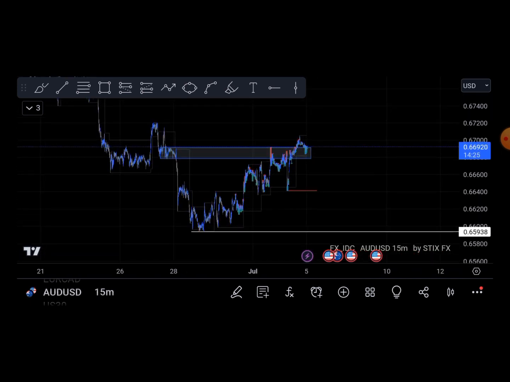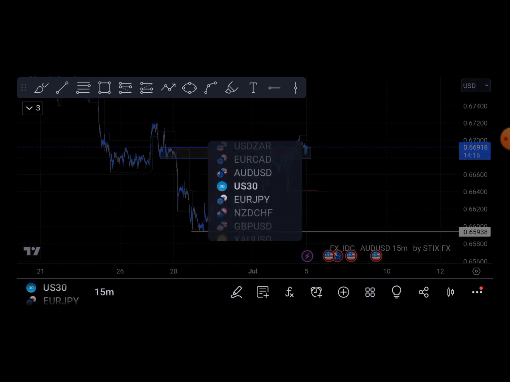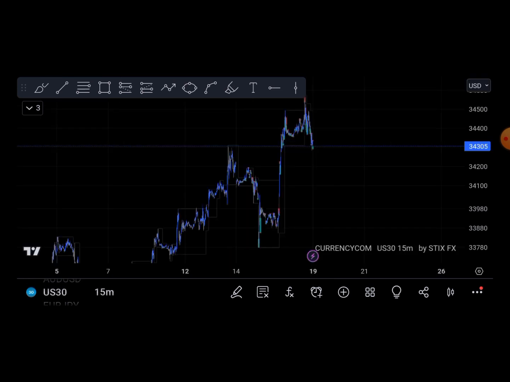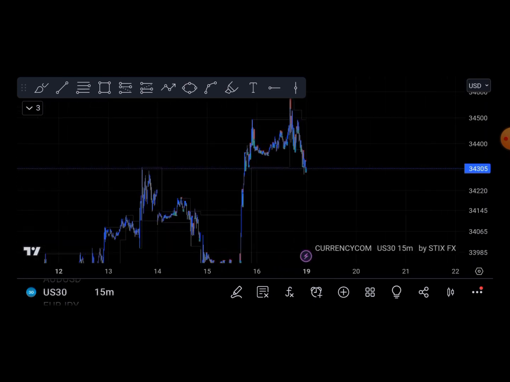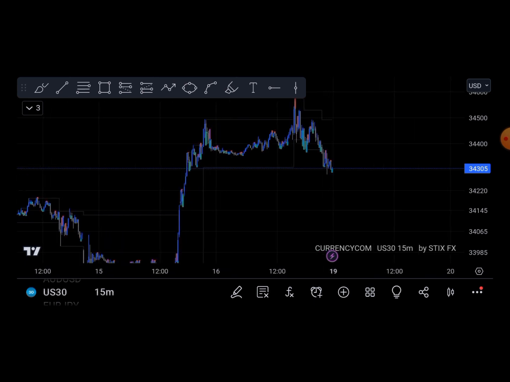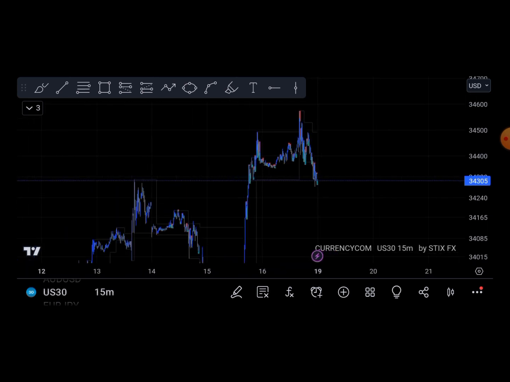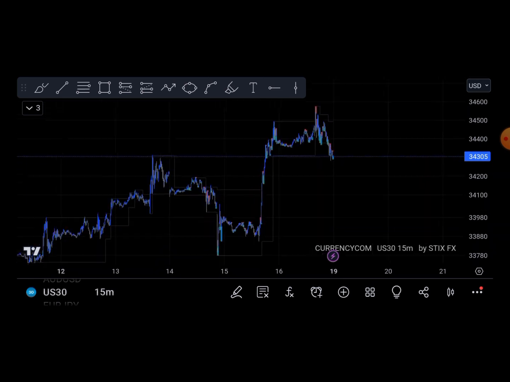There's actually a very good example of this redistribution model. I think it was US30. Let me check it out. Nah, okay. US30 just shifted bearish. Nah, I think it was NASDAQ.